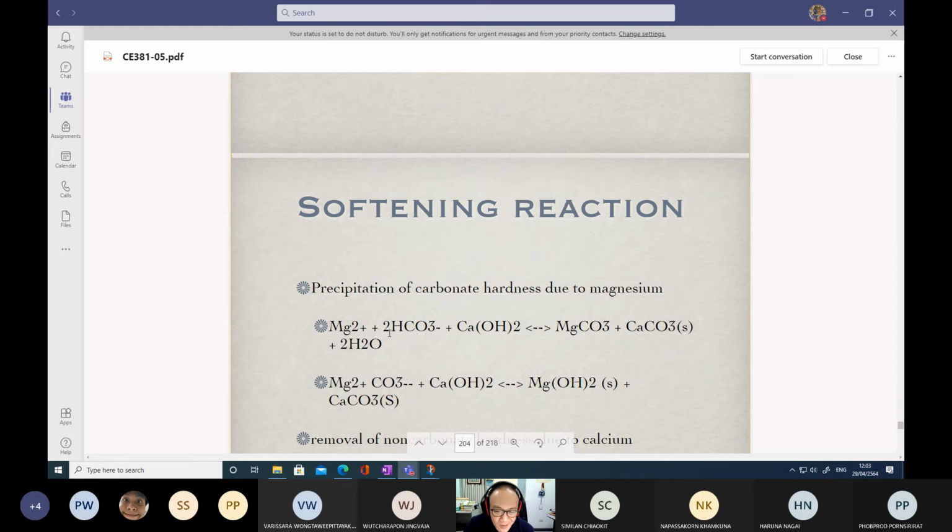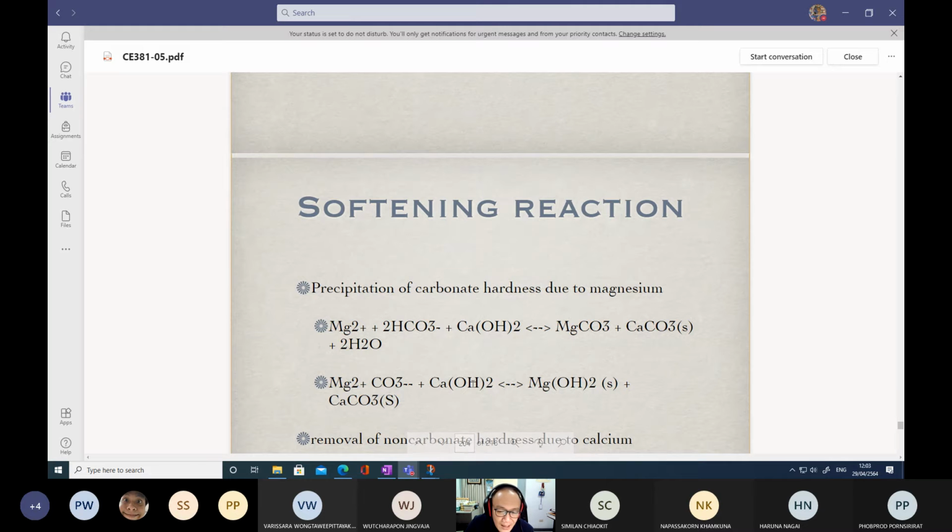Lime, under the presence of the carbonate hardness or the bicarbonate ion, these reactions will take place. Here we will get the magnesium carbonate along with the precipitated form of the calcium carbonate, but still magnesium is there. Then we have to add another mole of lime to precipitate these magnesiums.